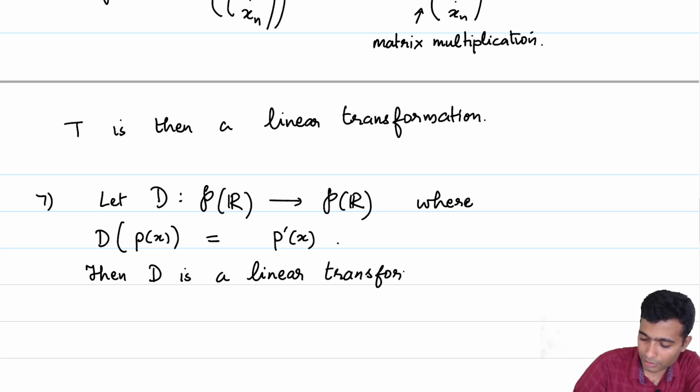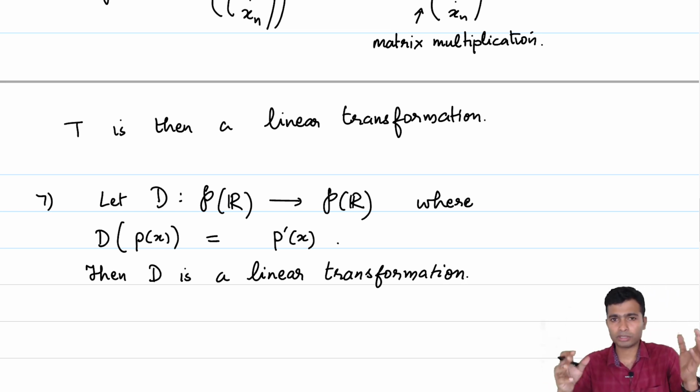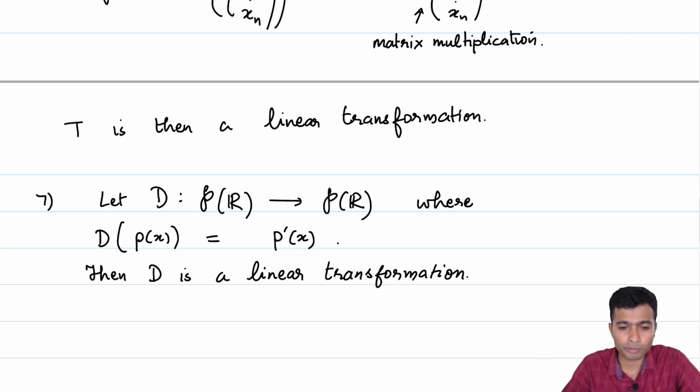The reason why I mentioned that you should know this from calculus is because if you look at the derivative of the sum of two polynomials, it will be the sum of the derivatives. And similarly, if you look at the derivative of a constant times a polynomial, it is going to be the constant times the derivative of the polynomial. So, yes, it is indeed a linear transformation.